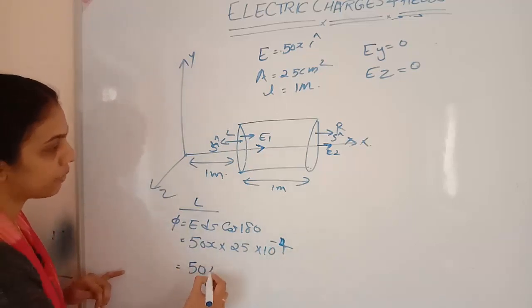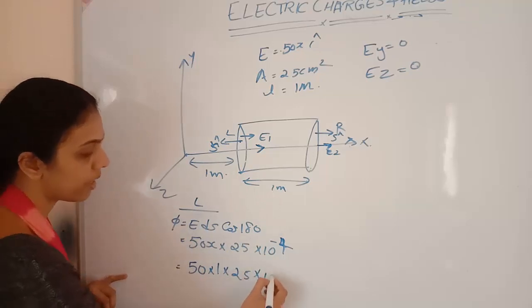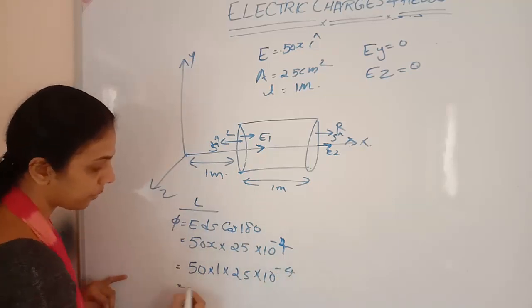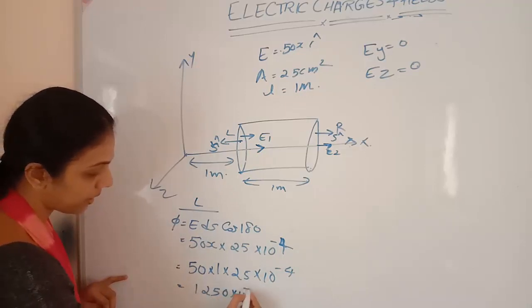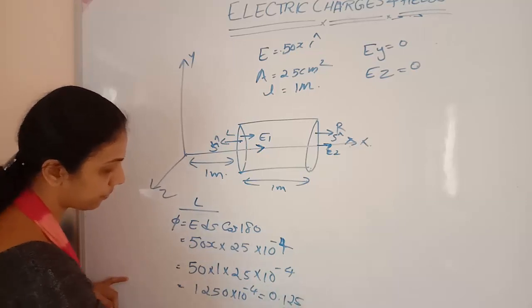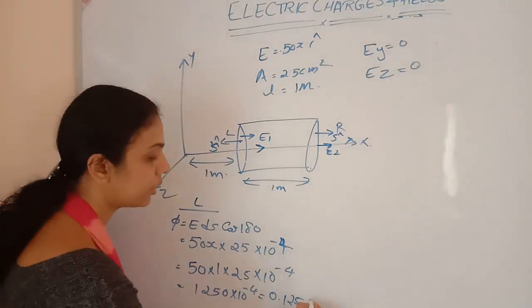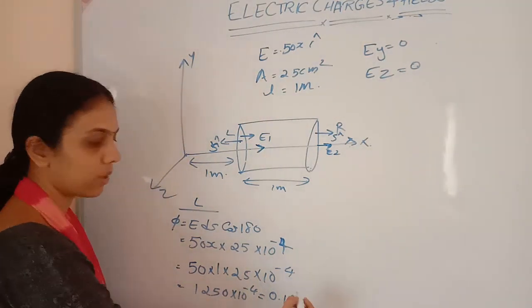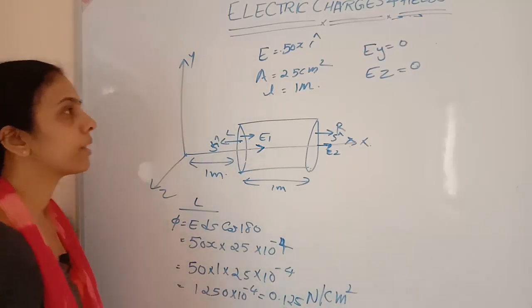So x is 1 meter: 50 into 1 into 25 into 10 to the power minus 4, so we will get 0.125. Clear? So this is how we will be finding the flux. Unit is phi equal to E dot S, so Newton per coulomb meter square.